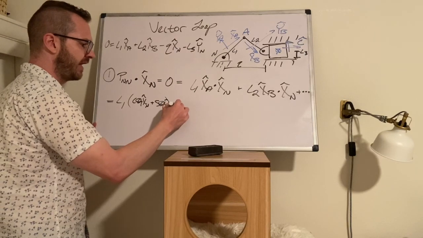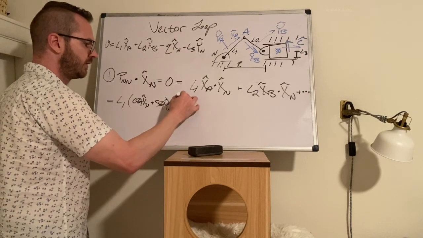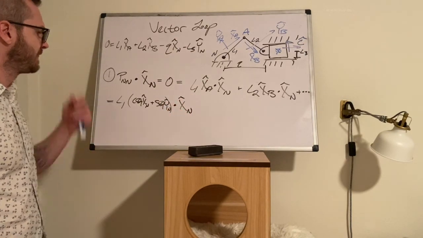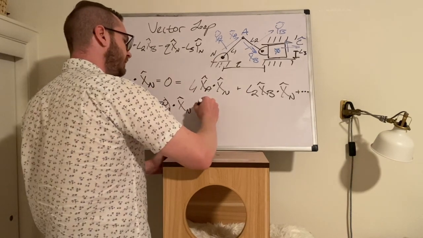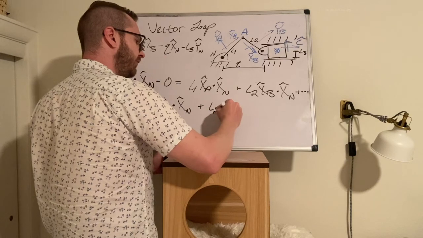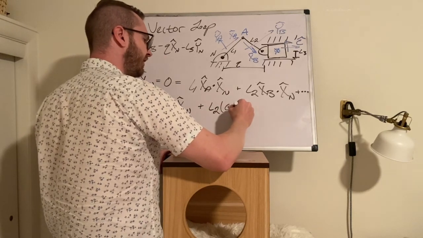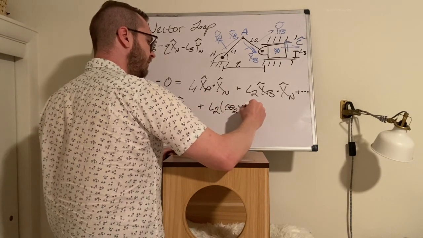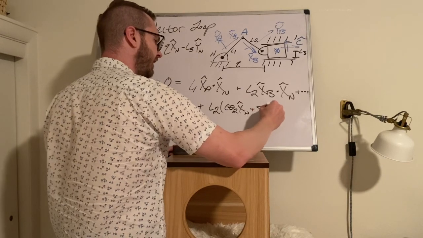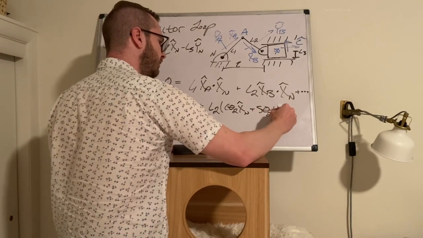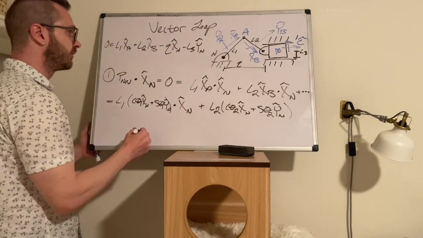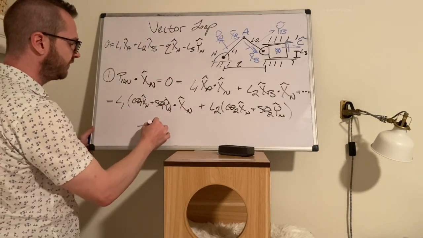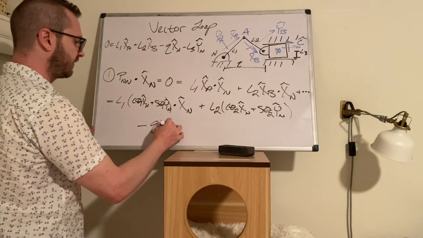And then we're going to dot that with x hat N. Next, let's do the same for the second part. So plus L2, this is cosine theta 2 xN plus sine theta 2 yN. And I'm going to go ahead and bring these last two terms down as well. So it's minus q xN.